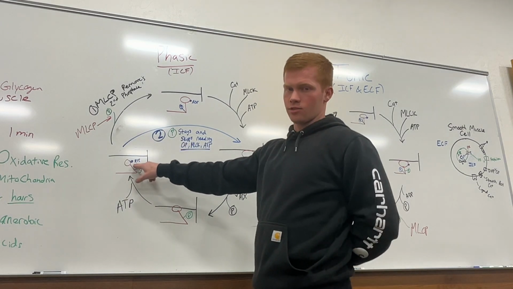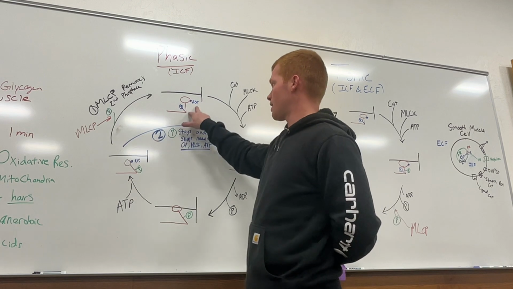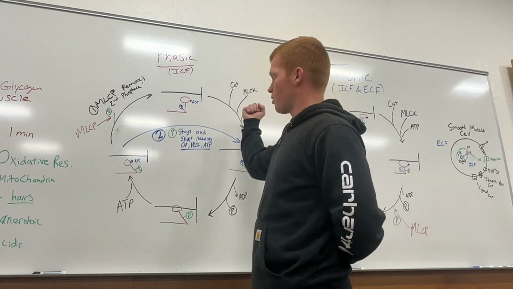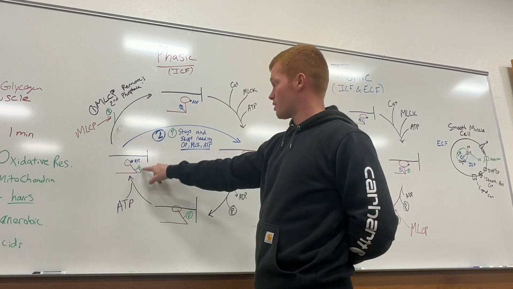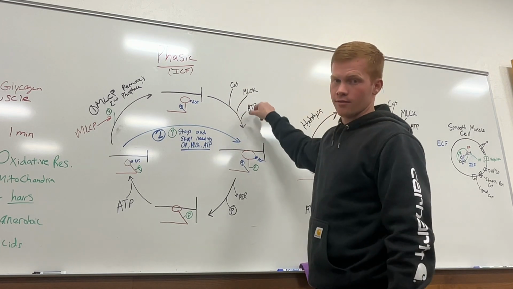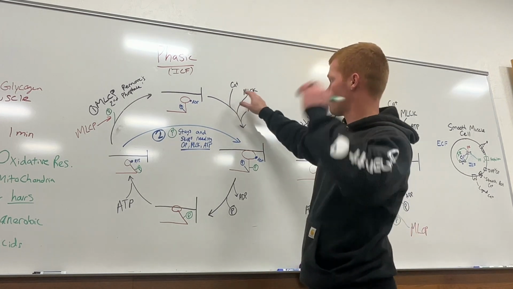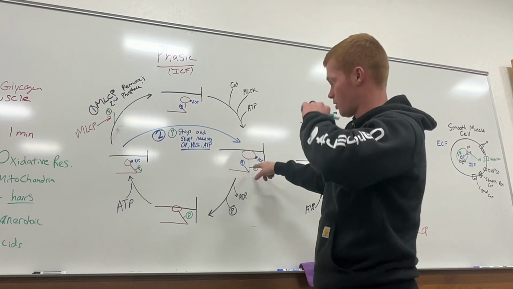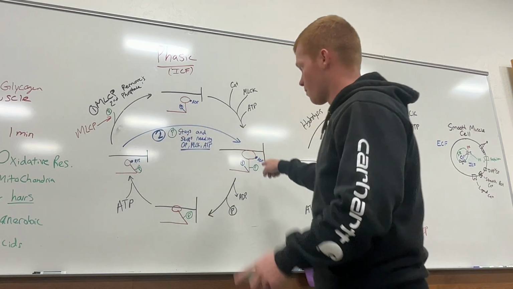ATP is still going to hydrolyze, turn into ADP and a phosphate, and put it back into its cocked position. But this phosphate is going to stay on, so it doesn't need to receive calcium, MLCK, or ADP. It can just jump straight to here and keep going through.